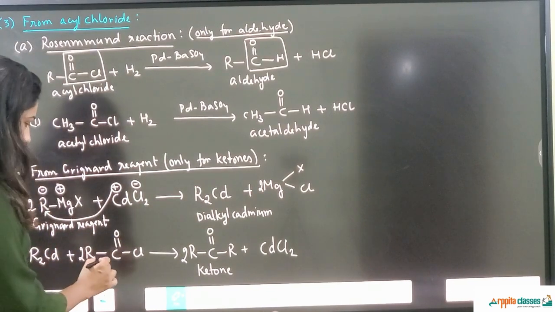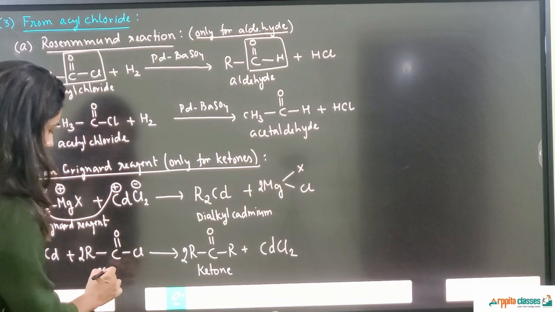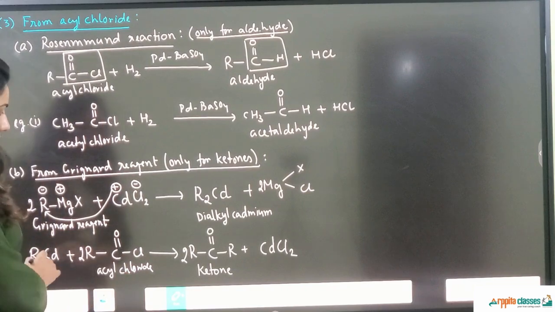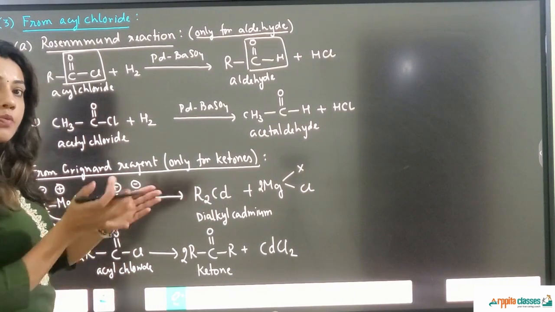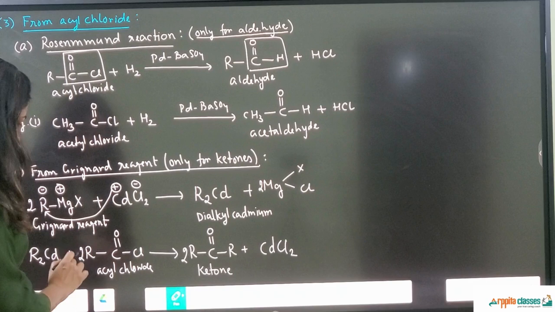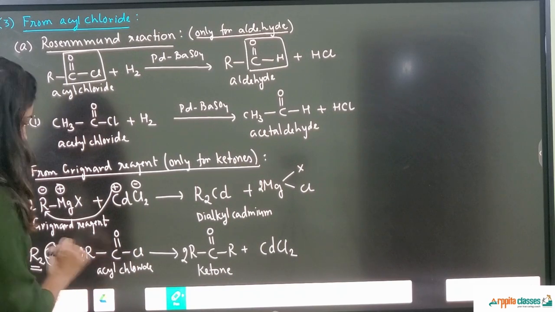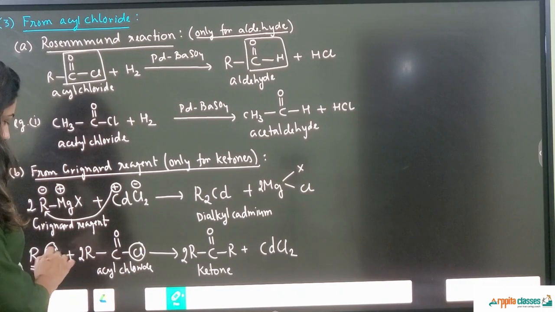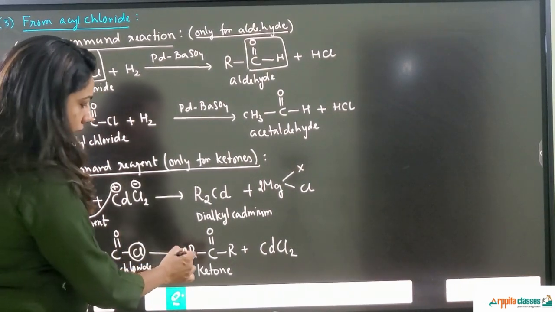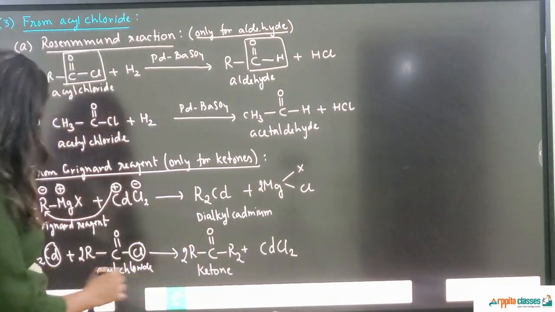We have this substrate, that is acyl chloride. This is again acetyl chloride, acyl chloride. Now this will react with R2Cd, my dialkyl cadmium, which is formed in the previous reaction. So basically this is the reagent and this is the substrate. What is happening? See, the Cl and Cd will come out as CdCl2, and R will get added over here.